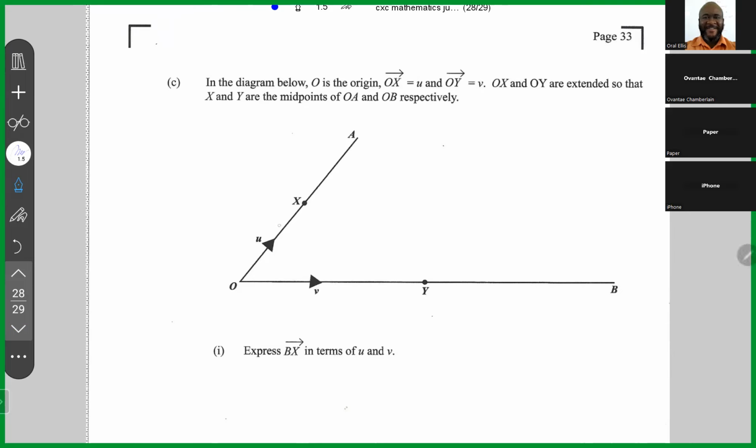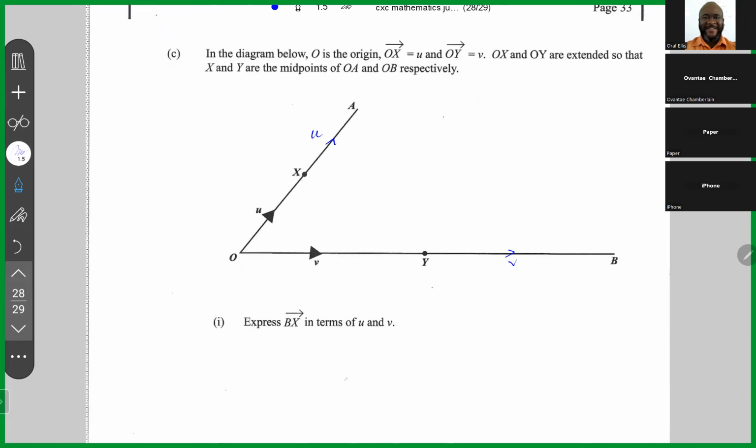So X is the midpoint, which means the vector XA is also U, and the vector YB is also V. We're to express the vector BX in terms of U and V. So the vector BX is this vector here.